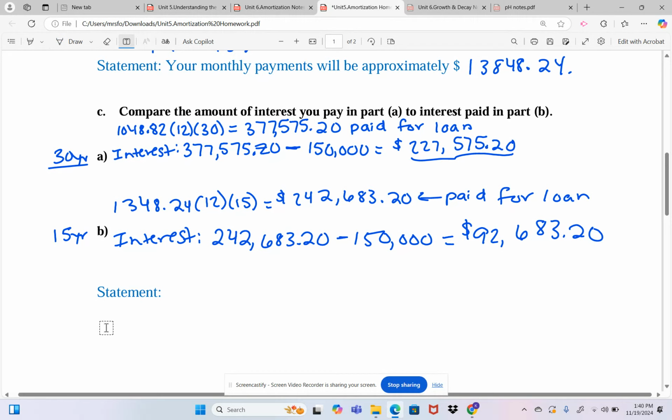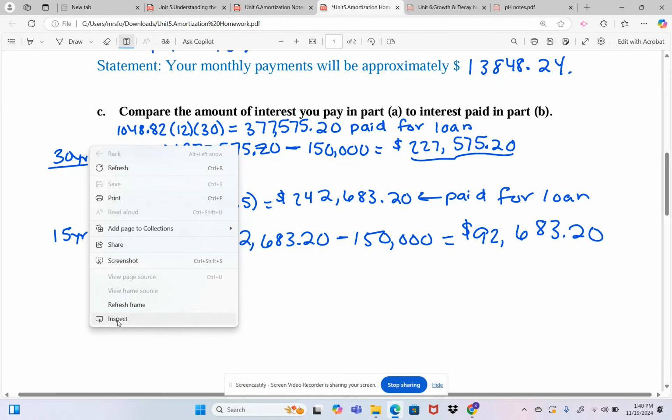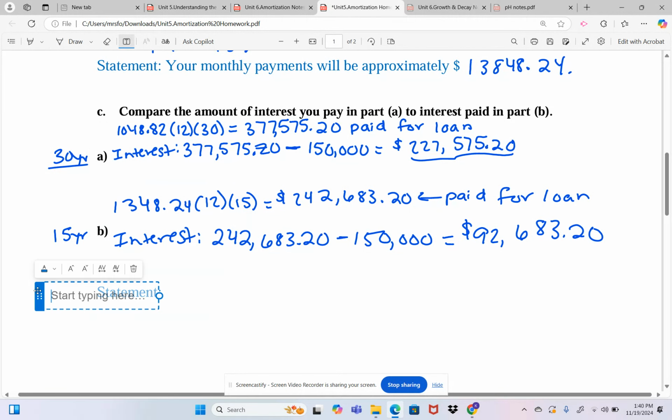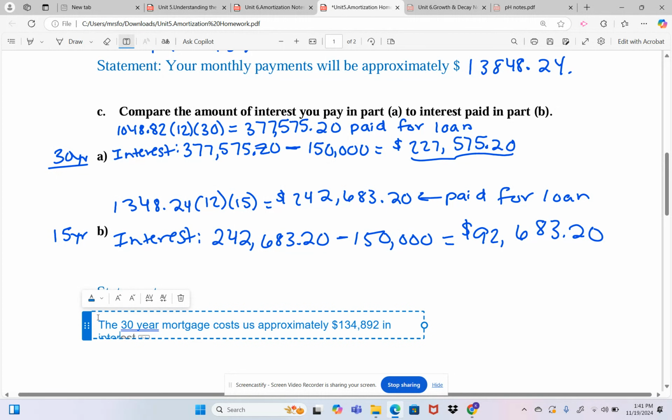I got 134,000 less. When I subtract the two interest amounts, the 30-year mortgage costs us approximately $134,892 in interest.